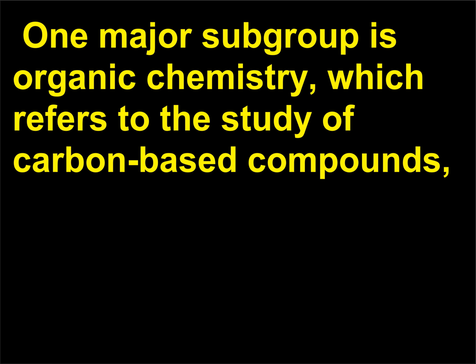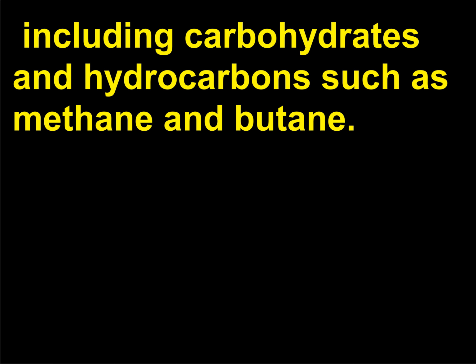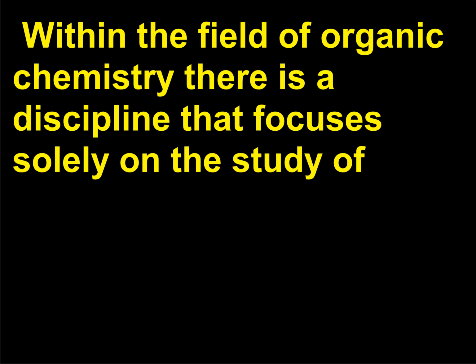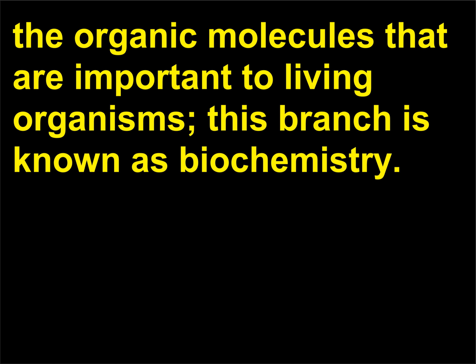One major subgroup is organic chemistry, which refers to the study of carbon-based compounds, including carbohydrates and hydrocarbons such as methane and butane. Within the field of organic chemistry there is a discipline that focuses solely on the study of the organic molecules that are important to living organisms. This branch is known as biochemistry.